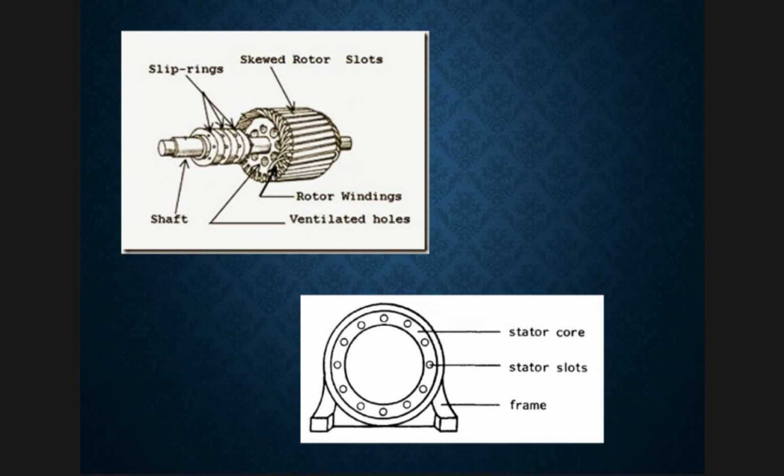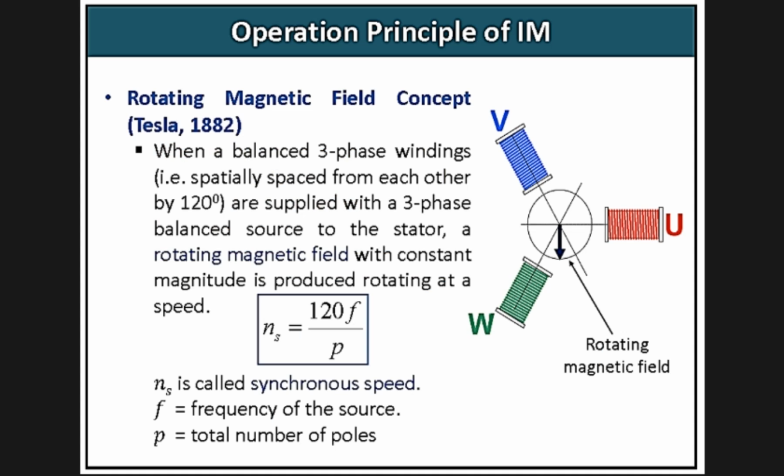Now let's look at the operation of the induction machine. As I said earlier, the main technique that we use here is a rotating magnetic field. The rotating magnetic field concept was introduced by Tesla in 1882. He said when balanced 3-phase windings are spatially spaced from each other by 120 degrees, and when we say balanced 3-phase, their currents have 120 degrees electrical separation.